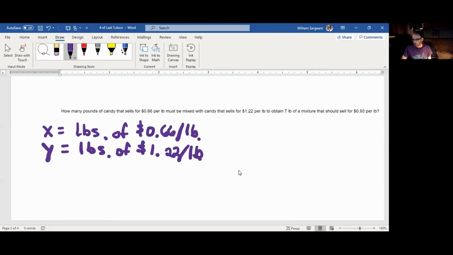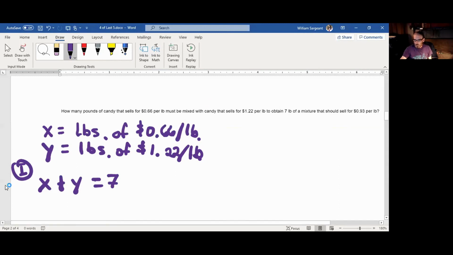Those two have to total up to 7 pounds. Notice that I am adding things that have the same units. Pounds plus pounds is more pounds.